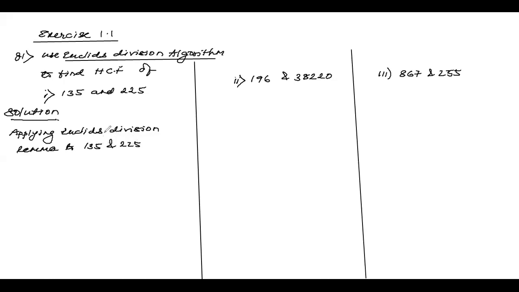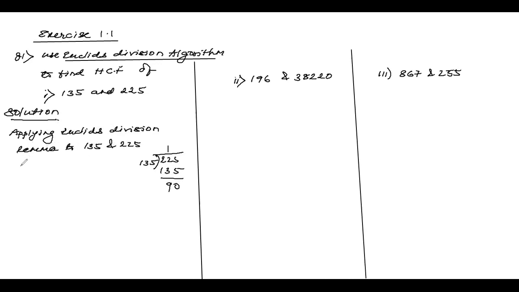That is A. The smaller number is B. So which is a bigger number? 225. So आप क्या करेंगे? 225 को अंदर और 135 को बाहर. तो 135 ones are, this is a quotient, this is a dividend, this is a divisor. 135 ones are 135. तो क्या मिला आपको? 90. So applying Euclid's division lemma to 135.